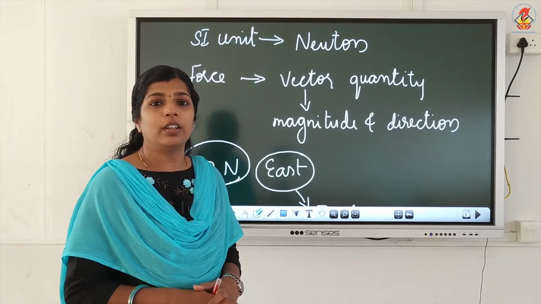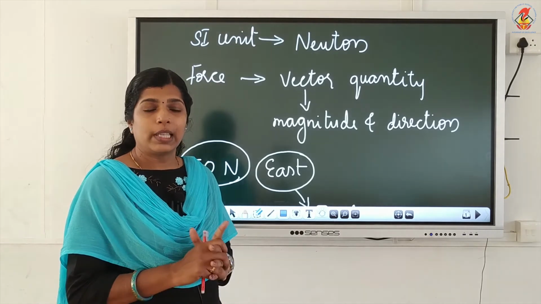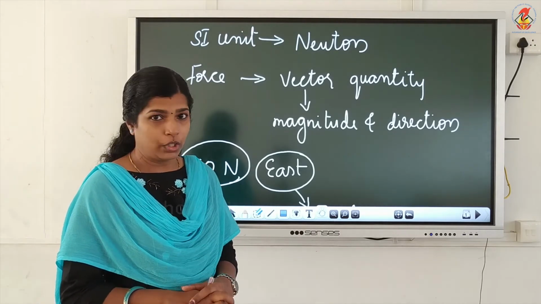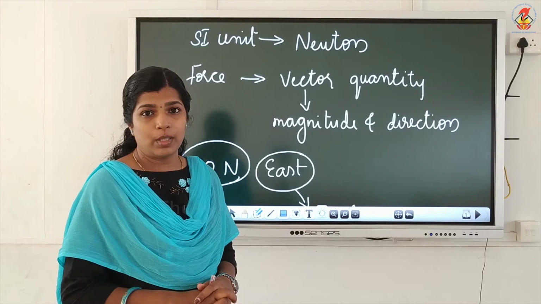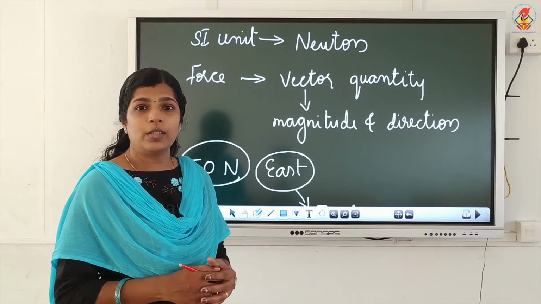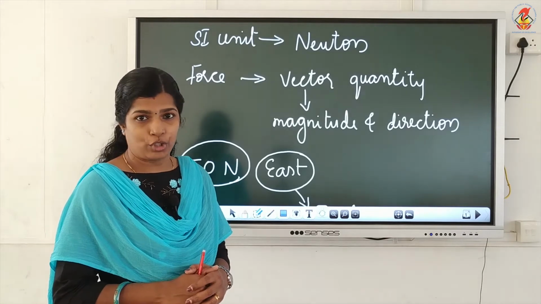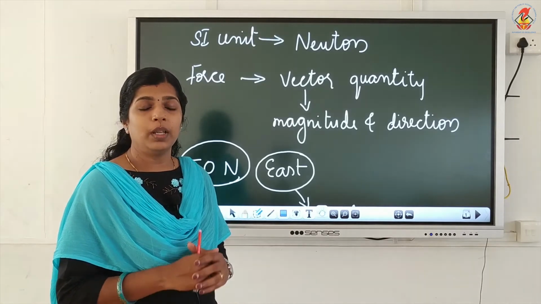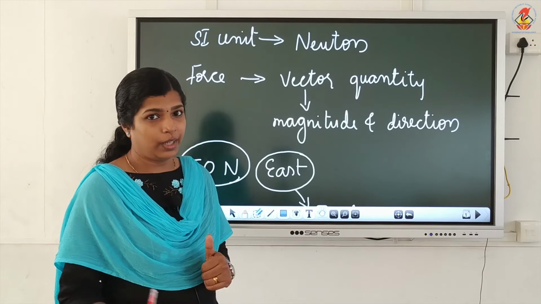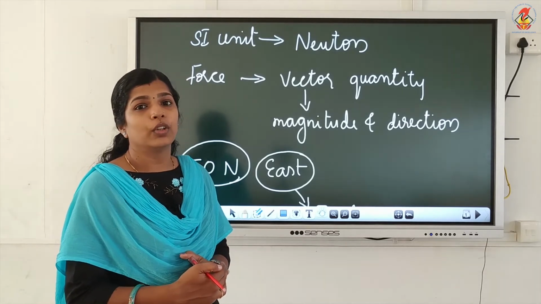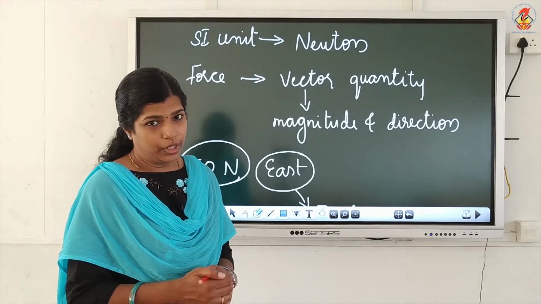Physical quantities are divided into two: scalar quantities and vector quantities. Vector quantities are the physical quantities which are represented by both magnitude and direction.